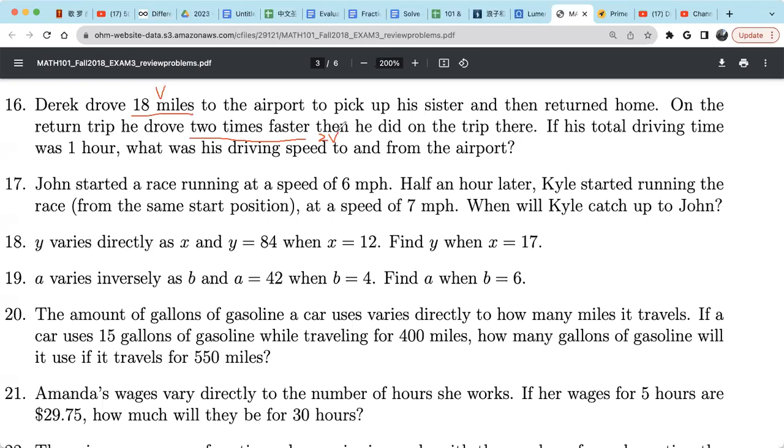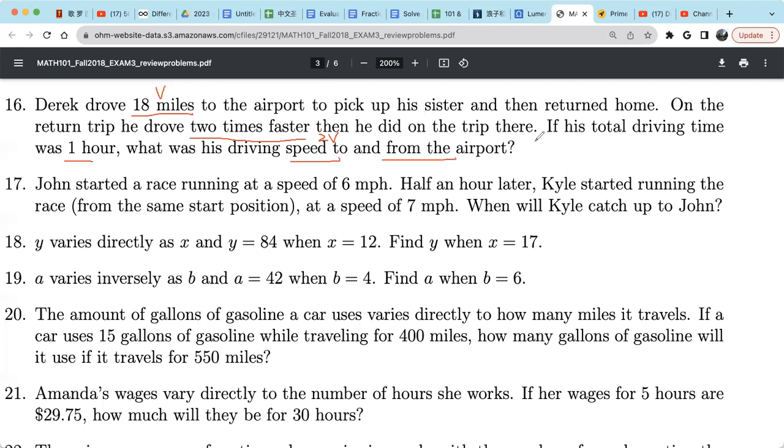If his total driving time was 1 hour, so going and coming back, he only used 1 hour for the round trip. What was his driving speed to and from the airport? Remember we have time equals distance divided by speed.